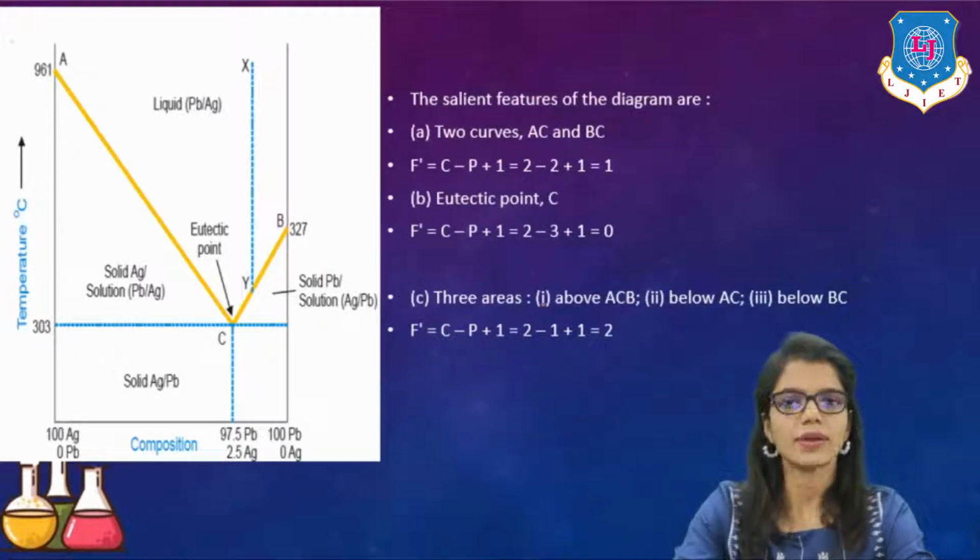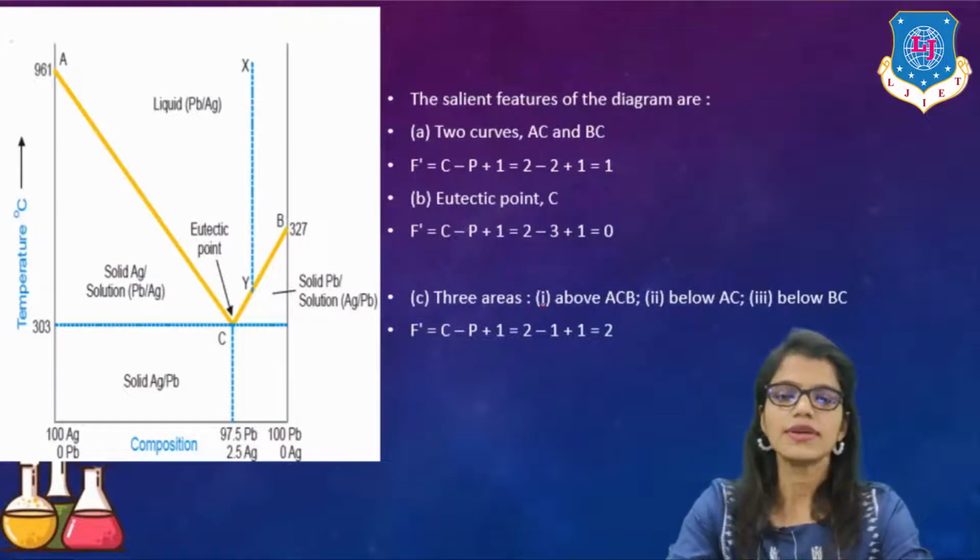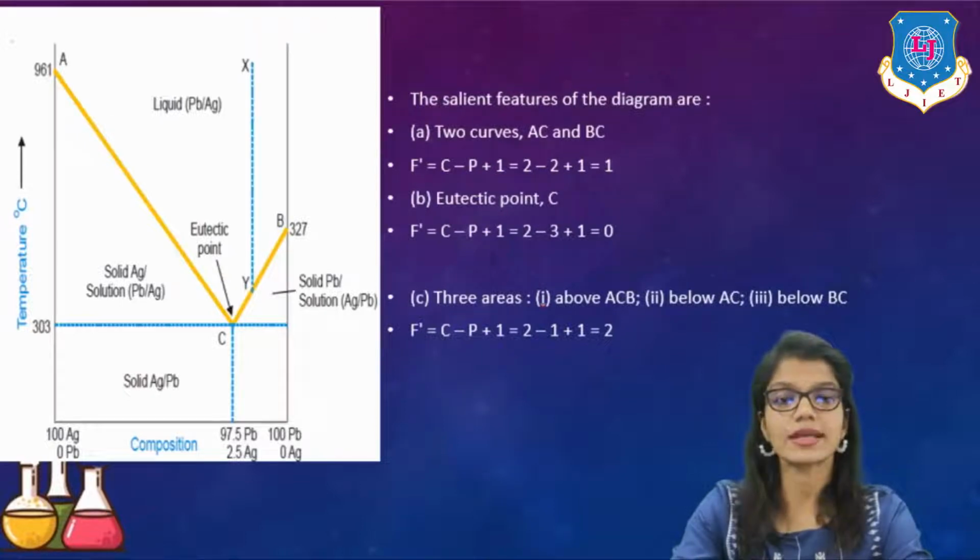Here we have temperature on one axis while concentration is on the other axis. The composition will be taken in percentage form while the temperature will be taken in degrees Celsius. As you can see here in the image, we have different curves as well as different points, that is a eutectic point, as well as areas present, right?